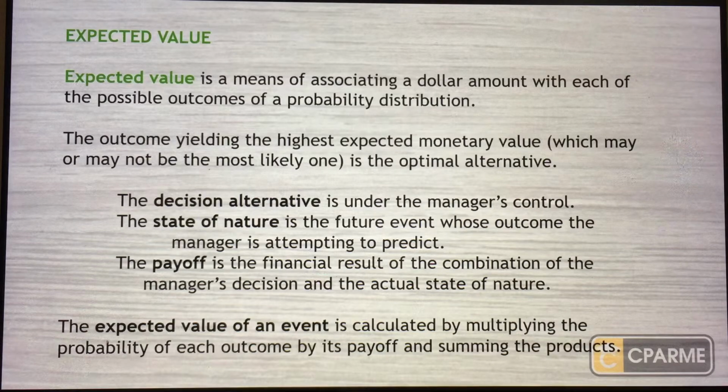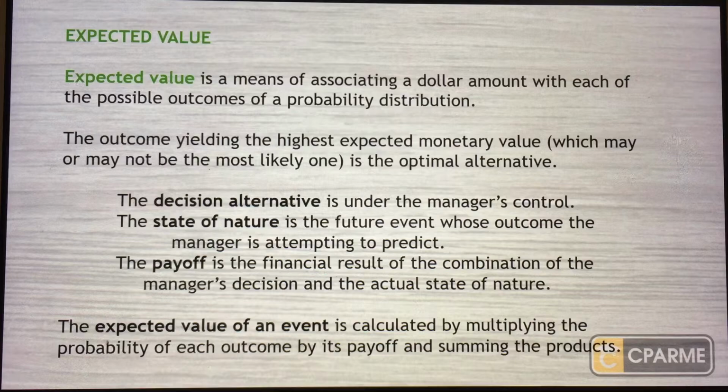The expected value of an event is calculated by multiplying the probability of each outcome by its payoff and summing the products. So I think this is the last topic for section B, and we will now proceed with a lot of multiple choice questions again pertaining to forecasting techniques.